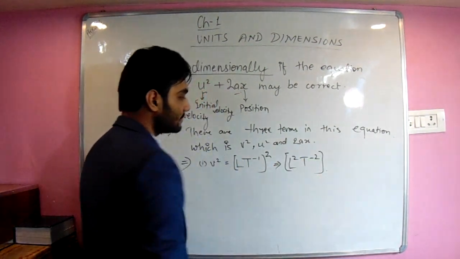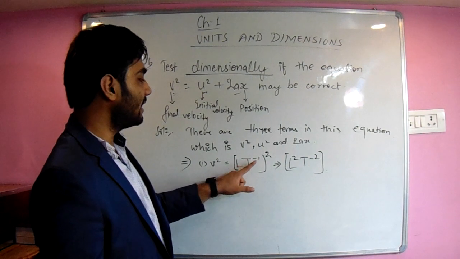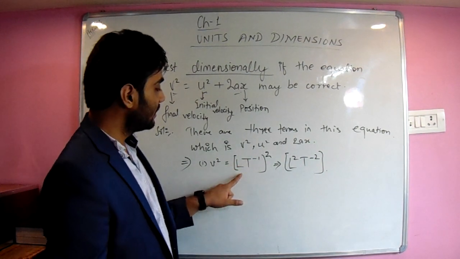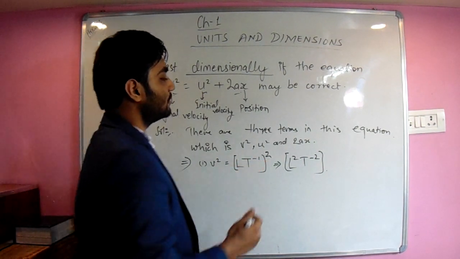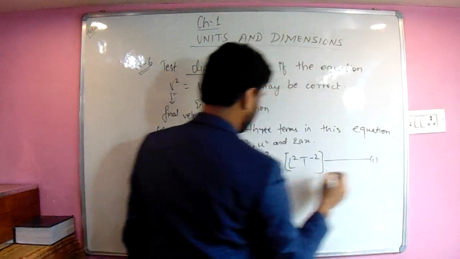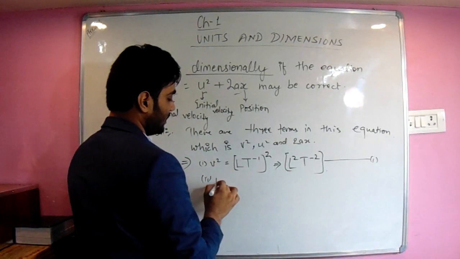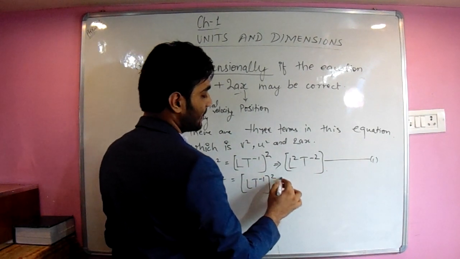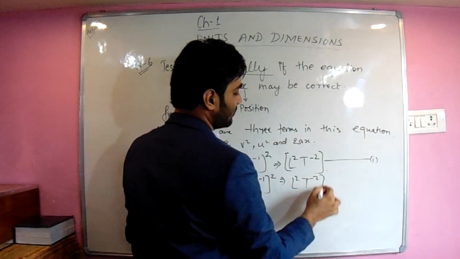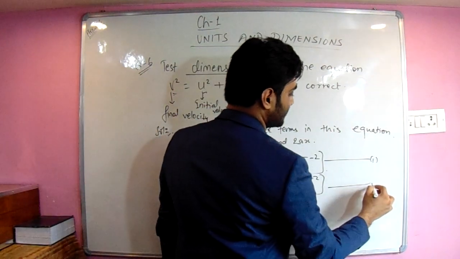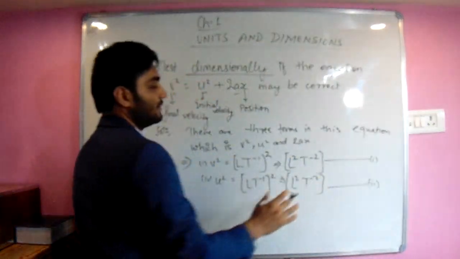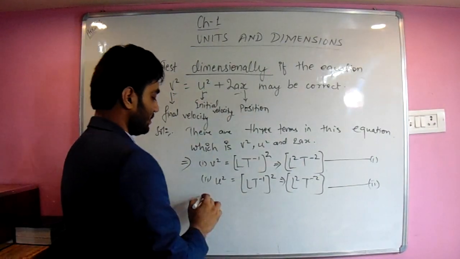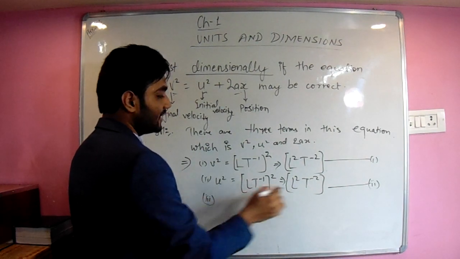This is equation number 1. Second, u square is LT minus 1 whole square, so L2T minus 2. This is the same, and it is proved.